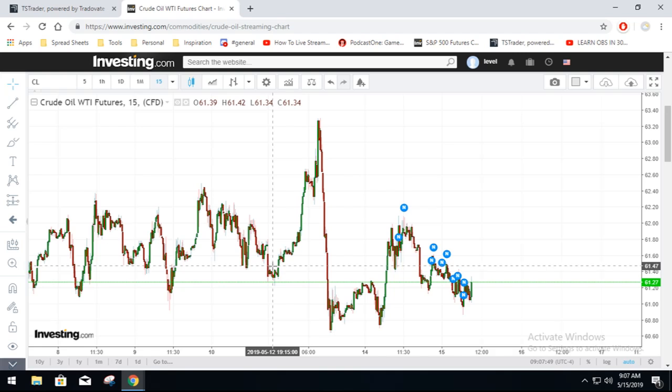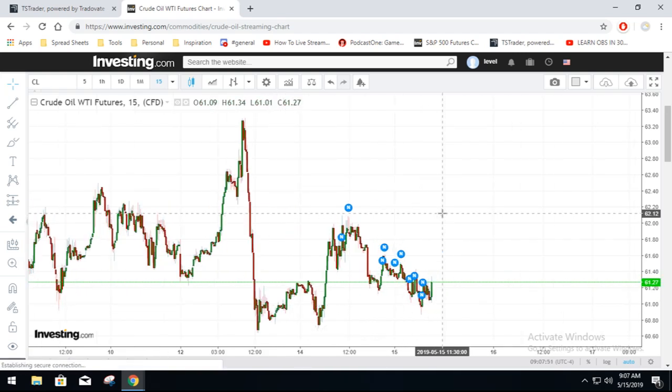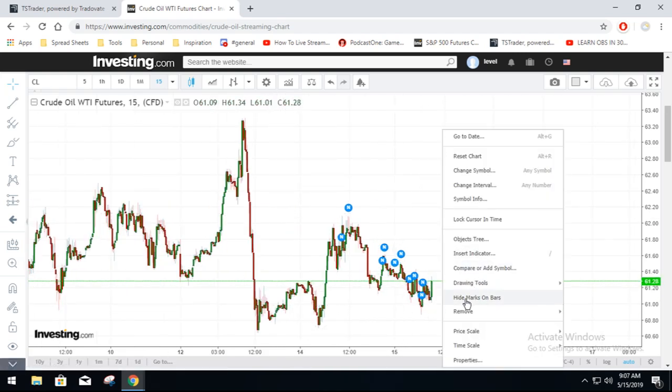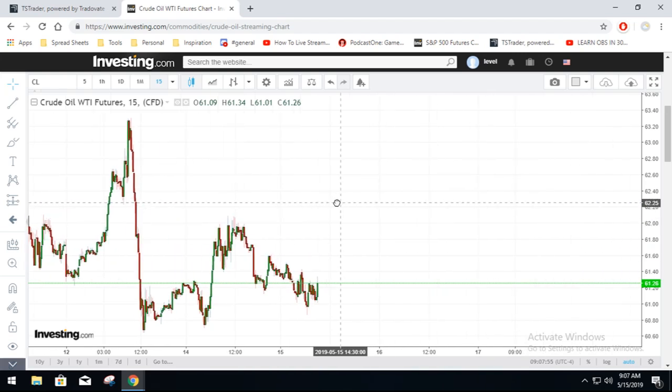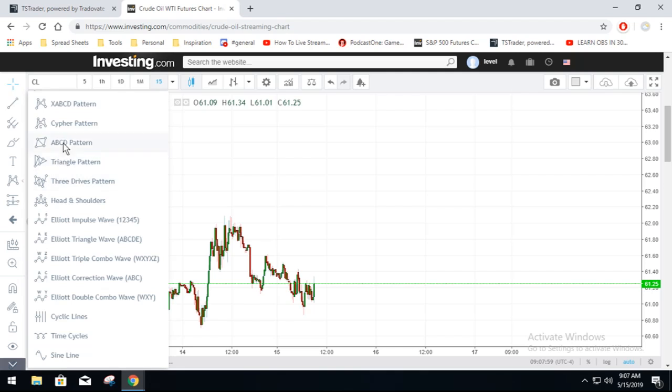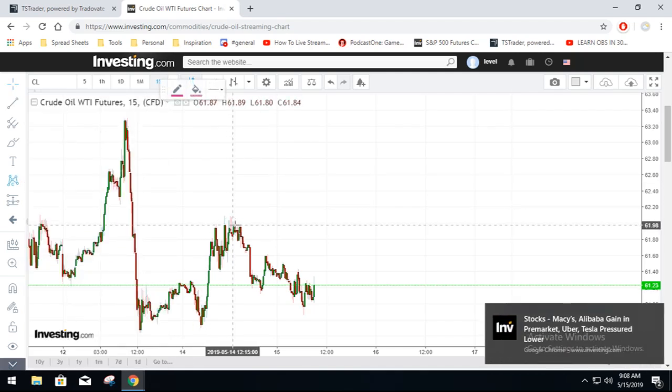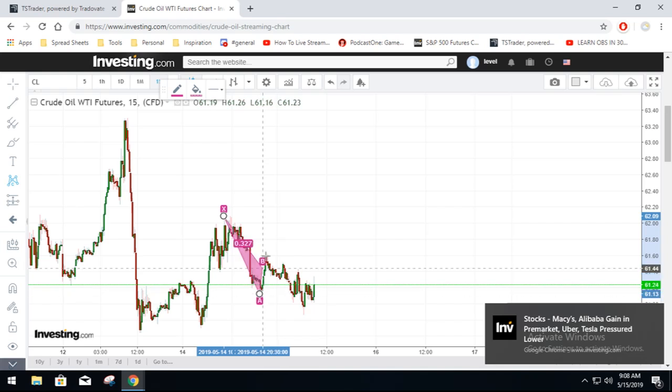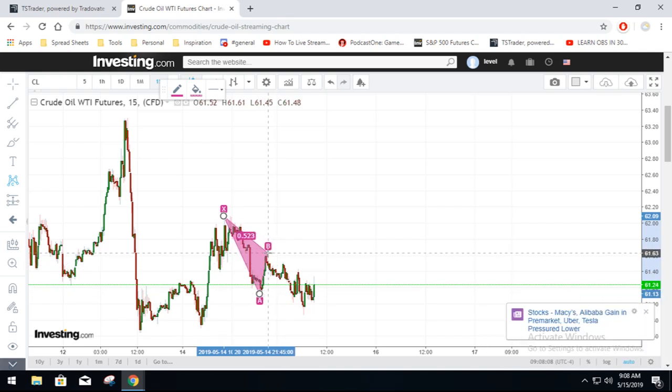So we look at the smaller time frame versus the larger time frames. Remove all those marks. Right, so this is what we call a cipher pattern that I usually use for a shorter time frame, to use your high, low, reversion, extension.